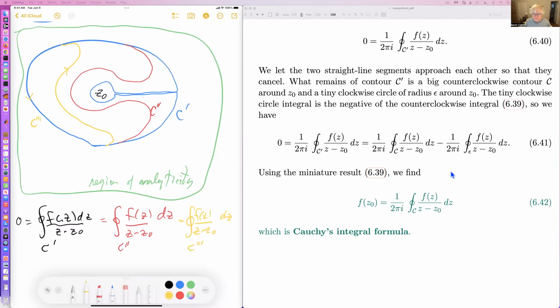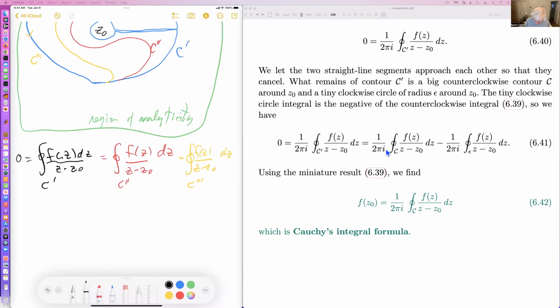This funny contour along C prime is actually equal to, all right, I'm going to leave out the 2 pi i's, the integral around C of f of z over z minus z0 dz minus the integral of f of z dz over z minus z0 along a contour that we called epsilon.